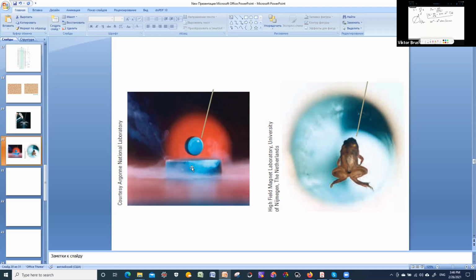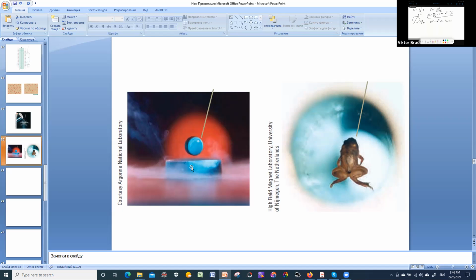So all magnetic fields are repelled from the superconducting material. And in this case, we have compensation of the gravity force with this repelled magnetic field generated by the permanent magnet.